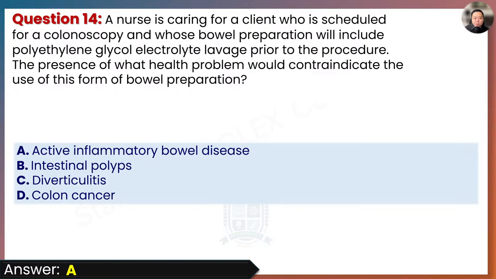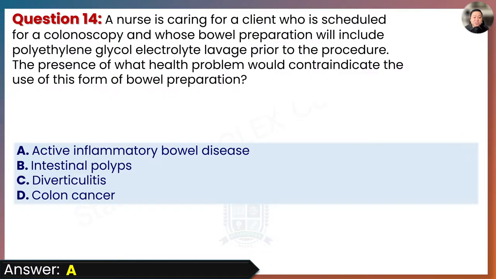So I want you to make sure you investigate first the options and also the question stem. I want you to identify the keywords in the options, such as active inflammatory condition. This is supposed to trigger you to also consider the risk of perforation and worsening of the inflammation, especially when the client is using the PEG, or the polyethylene glycol.